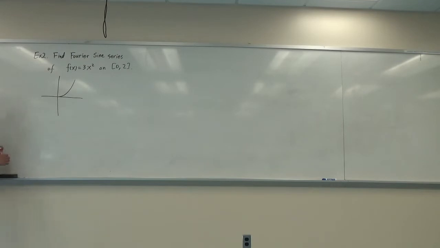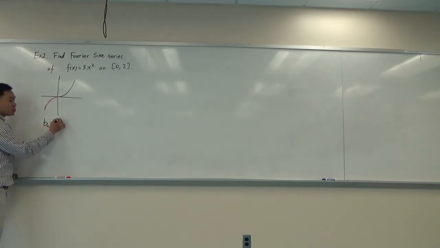Odd function means you flip once and flip again, right? And the resulting other side would be something like this. So that's going to be an odd function, and we want to find the Fourier series of that. And because it's an odd function, a0 and a_n's will be 0, so we don't have to care about those. We will only need the bn.